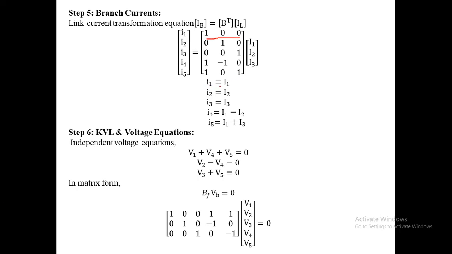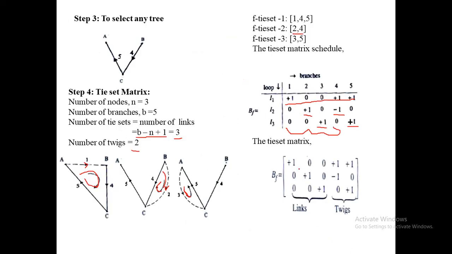We got small i1 equal to I1, small i2 equal to I2, small i3 equal to I3. Next, the fourth one: i4 equals I1 minus I2, and i5 equals I1 plus I3. Otherwise, in this problem we can directly write the values from the tie set. Small i1 equals capital I1, small i2 equals capital I2, small i3 equals capital I3, then small i4 equals capital I1 minus capital I2.